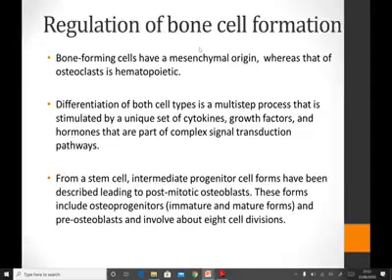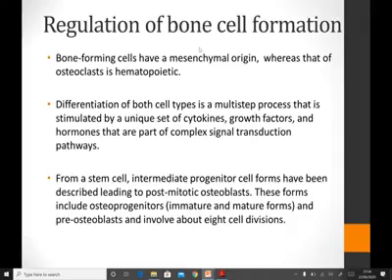stimulated by many growth factors, hormones and cytokines, and all of this set of molecules are a part of a complex pathway which is called the signal transduction pathway, where cell to cell signaling and molecule to cell signaling is happening, that ultimately results in the differentiation and maturation of either an osteoblast or an osteoclast.